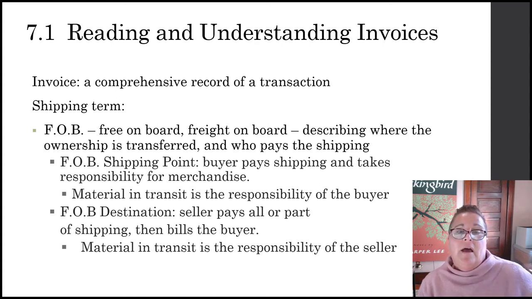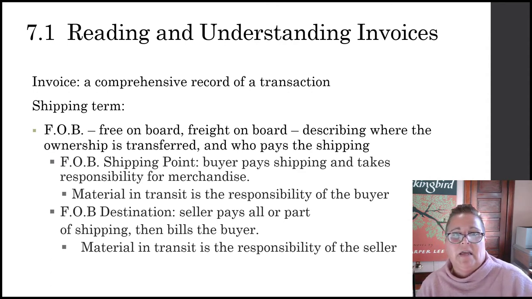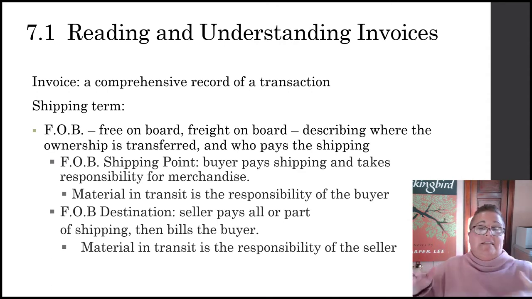So the company that I've purchased it from may take responsibility in getting that item to San Diego, and then I have to take care of it from San Diego to Wisconsin. So that would be FOB destination, and they would write there San Diego, meaning they have it until the destination of San Diego. All right, so that's FOB.